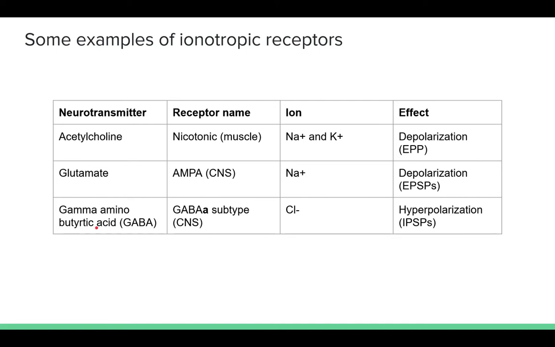Likewise, for the neurotransmitter GABA, I said before that this is an inhibitory neurotransmitter. What I mean is that in many synapses in the central nervous system, GABA will bind to the GABA A subtype receptor, which is an ionotropic receptor. This GABA A receptor is an ion channel that binds GABA, and when it opens, it allows chloride to pass.